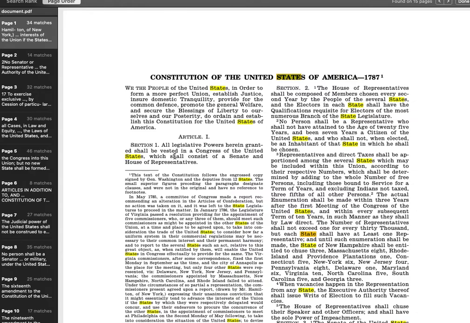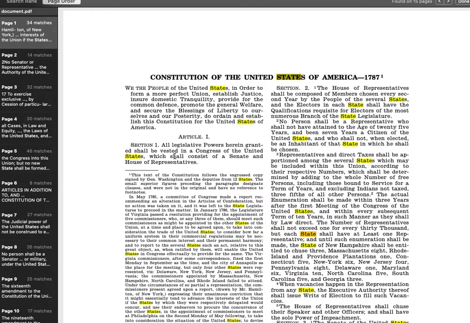So the settlers and inhabitants are first. They command their creation, which is the free, sovereign, and independent state. The free, sovereign, and independent state created the federal government for defense purposes, and it commands that federal government.